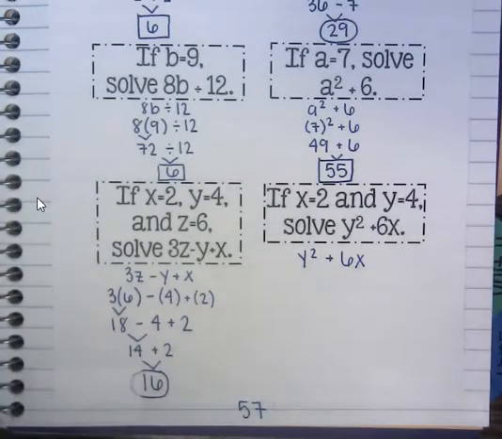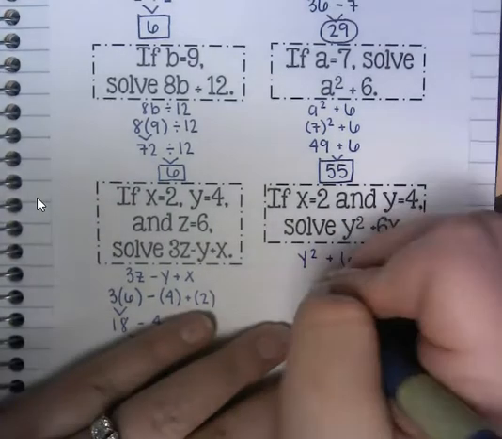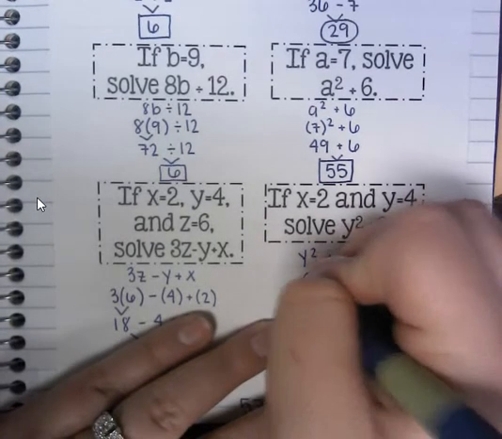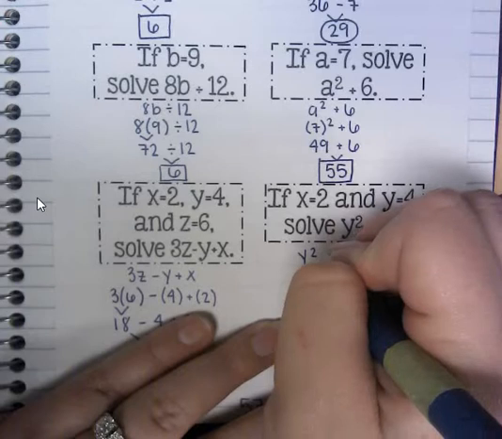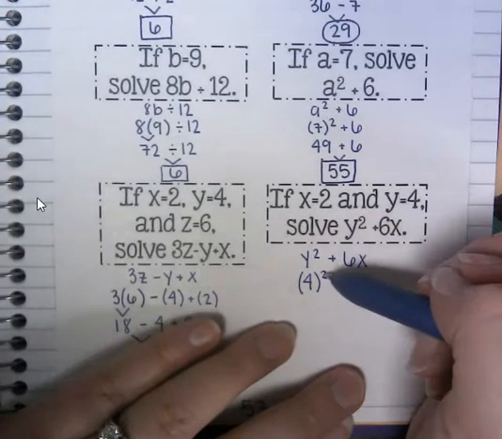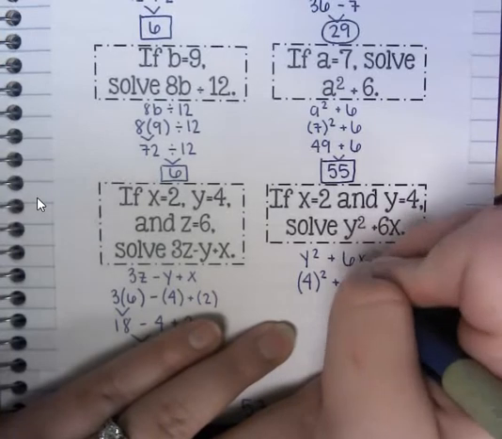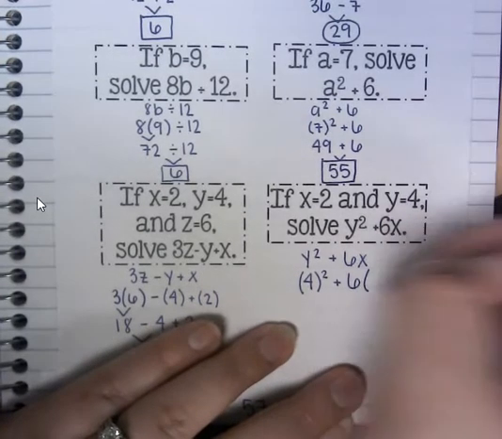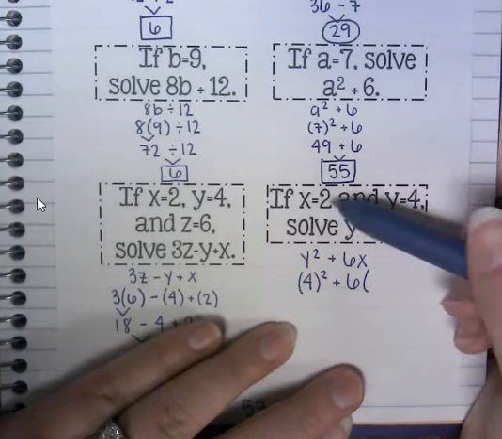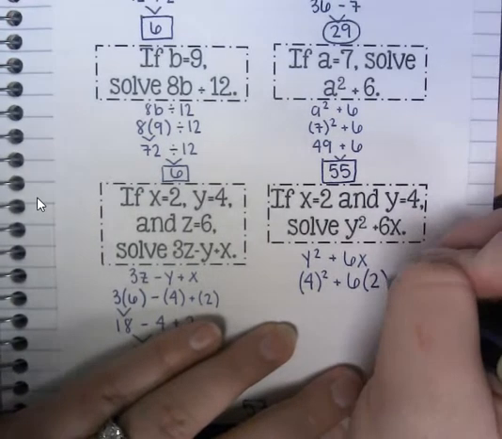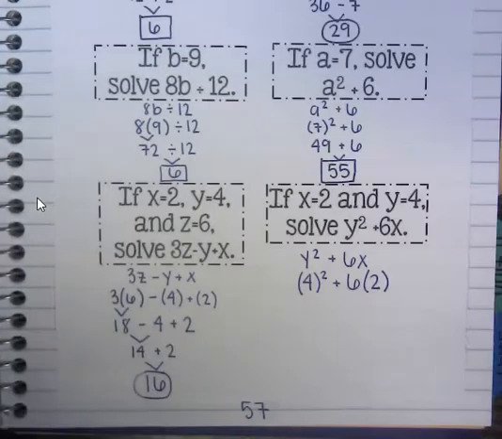Then we're going to substitute. y equals 4, so I put 4 in parentheses. Make sure I put my square up there. Plus 6, parenthesis, x equals 2, so I'm putting in 2 and closing my parentheses. Now I can solve.